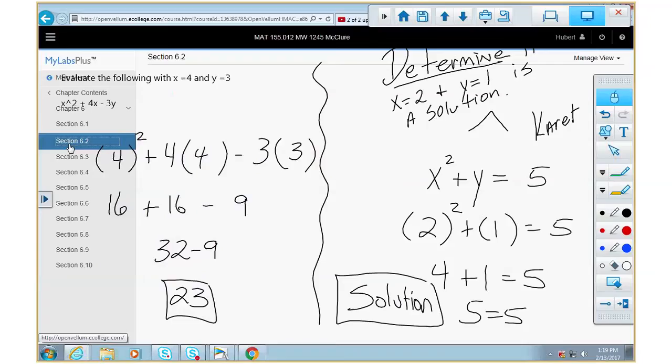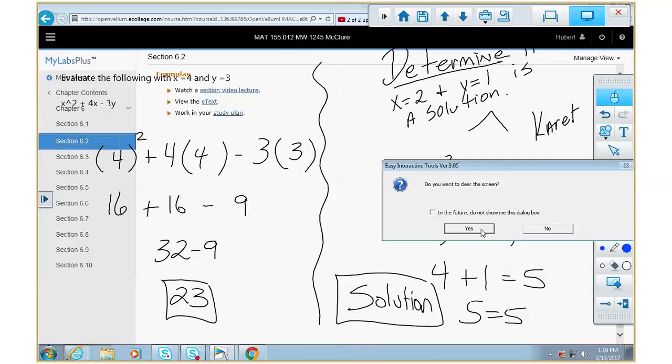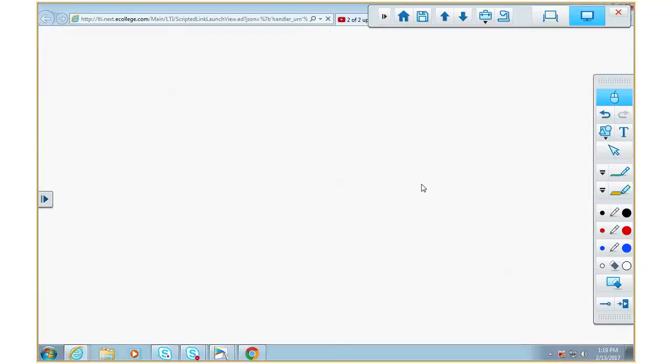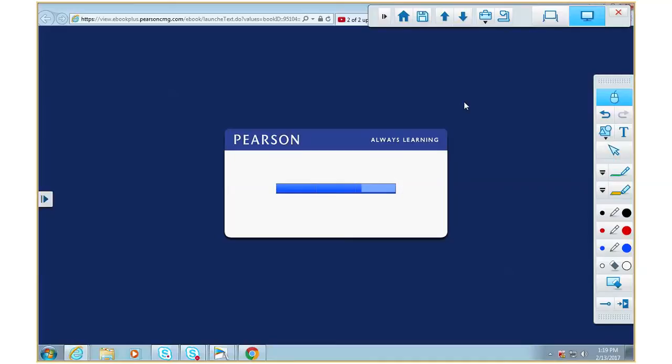If this will work. Let's see if 6.2 works. 6.2 is probably algebra. Here we go. Algebra graphs.